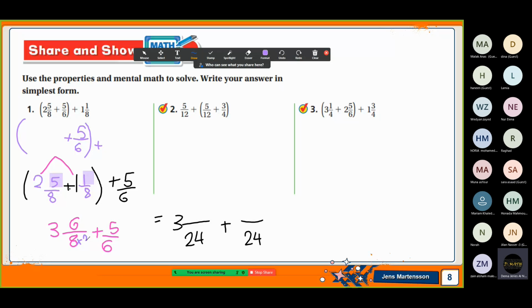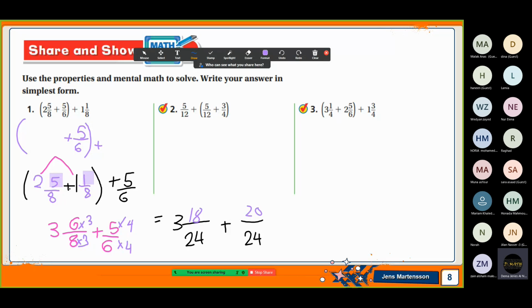3. 3, good job. And if we multiply the denominator, we have to multiply the numerator. Then 6 times 3 is 18. Bravo. The second one: what is the number that when I multiply it by 6, I get 24? 4. Good job. 5 times 4? 20.